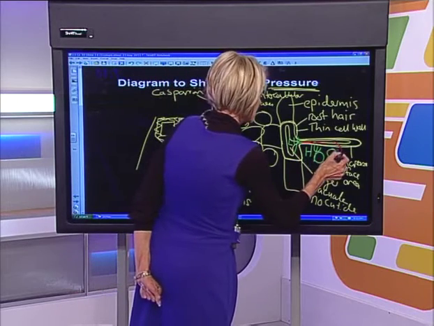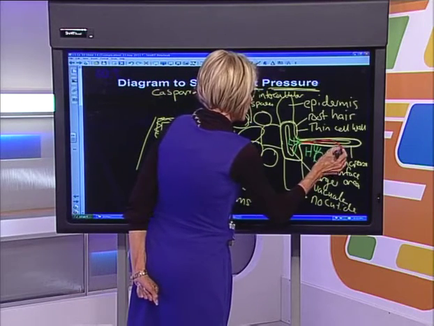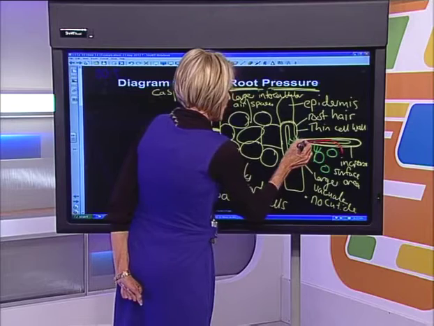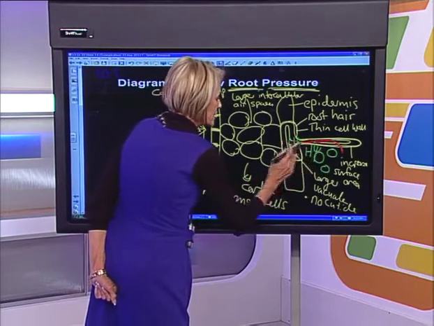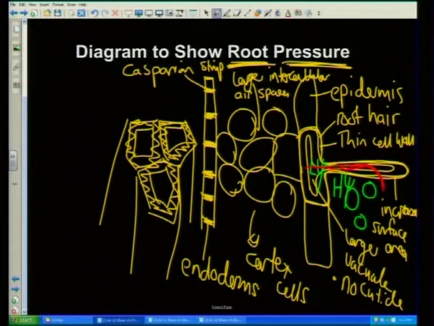Okay, so the water now moves into the root hair, and because this root hair now has a lower water potential than outside in the soil, it's going to move into the root hair. But once this root hair cell fills with water, it has a higher water potential than the neighboring cells.